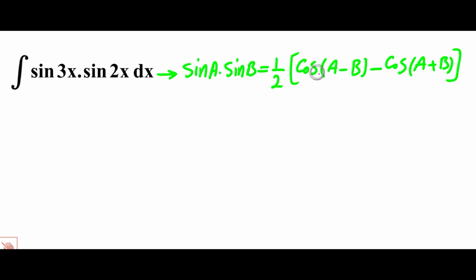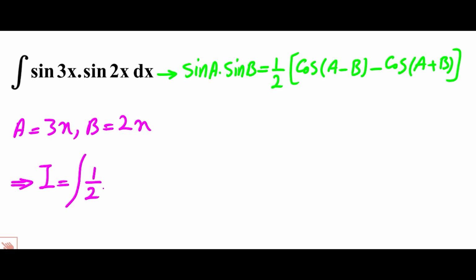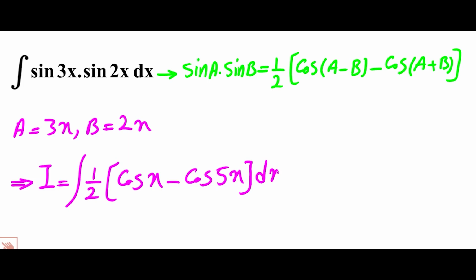So applying these to our integral, where a equals 3x and b equals 2x, we have I equals the integral of 1/2 times cosine of a minus b, which is x, minus cosine of a plus b, which is 5x, dx.